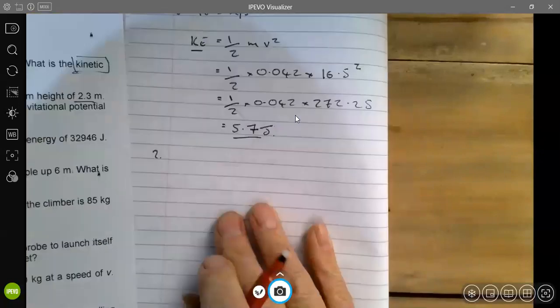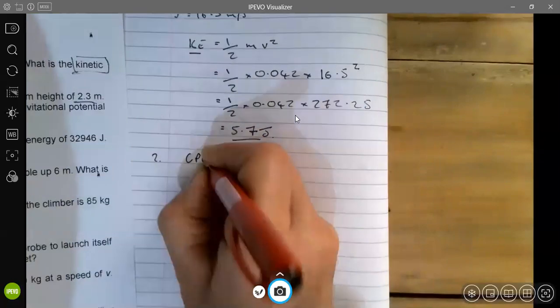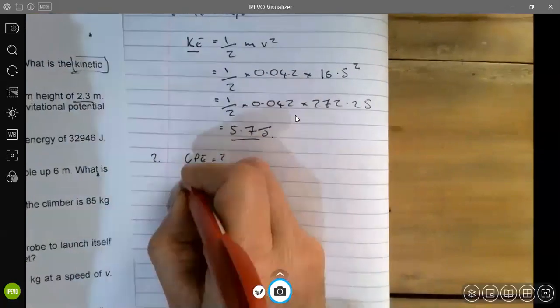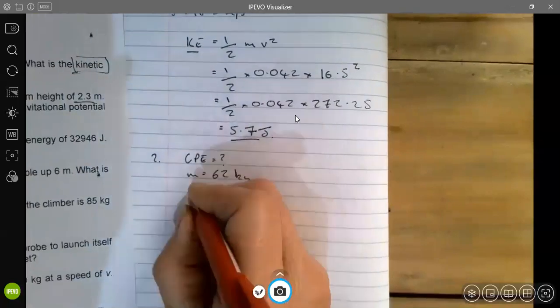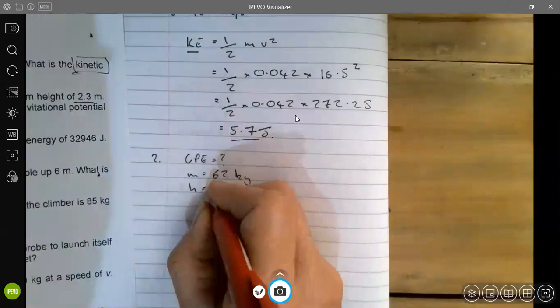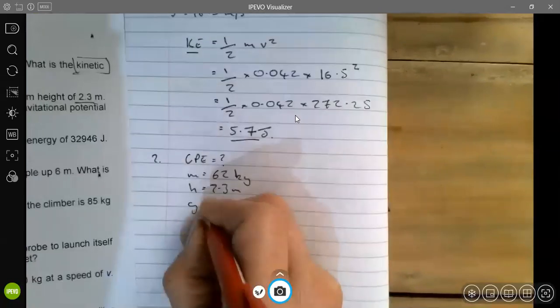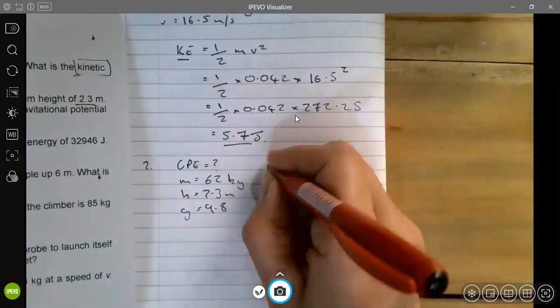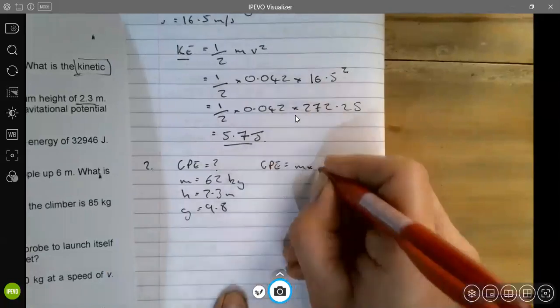So we are calculating the gravitational potential energy. GPE, we don't know, but we're told that we have a mass equal to 62 kilograms, a height of 2.3 meters, and gravity is equal to 9.8. So write down our formula: GPE is equal to mass times gravity times height.